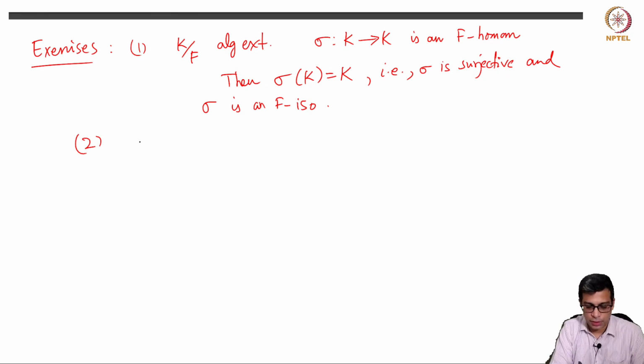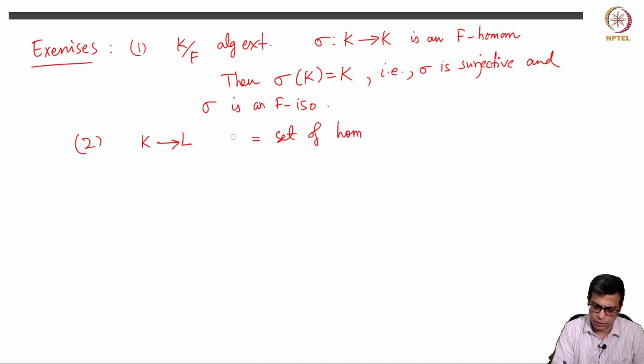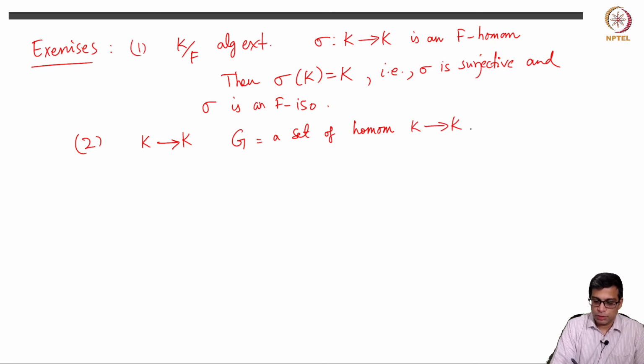On the other hand, the other important example is if you have K to L, any, so S is a set of homomorphisms. Okay, let me stick to our main case, K to K, and G is a set of homomorphisms from K to K. So K is a field.